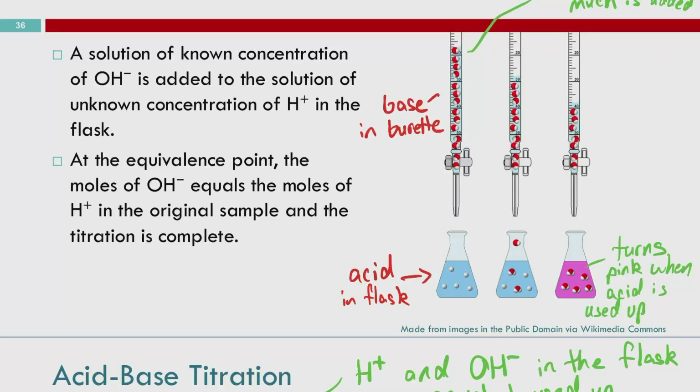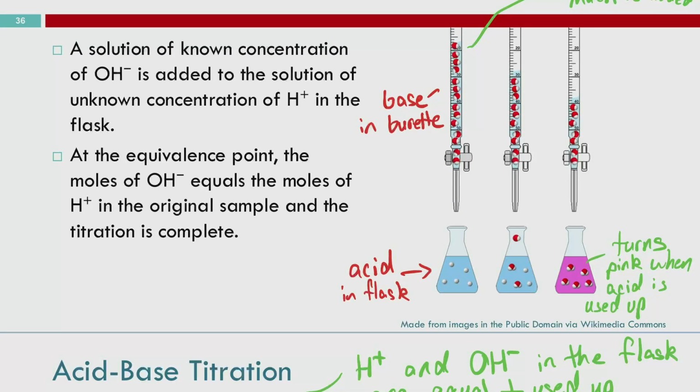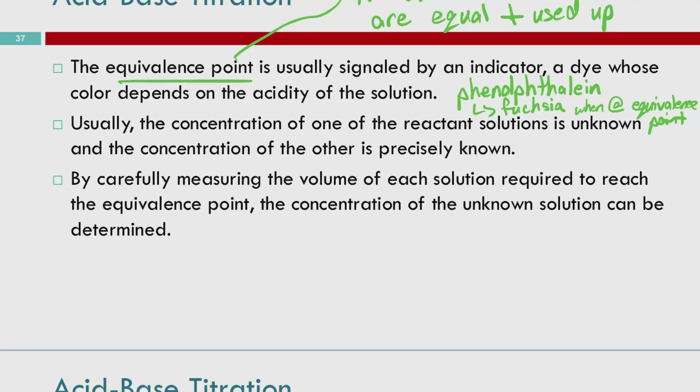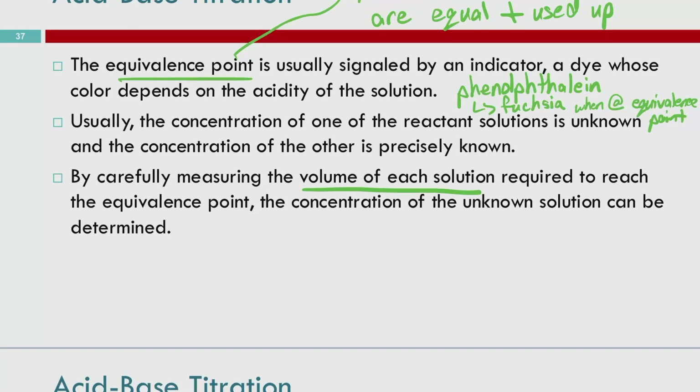So it's kind of a two-parter for a lab. And if we carefully measure the volume of each solution, we can use solution stoichiometry to figure out the concentration of the unknown.